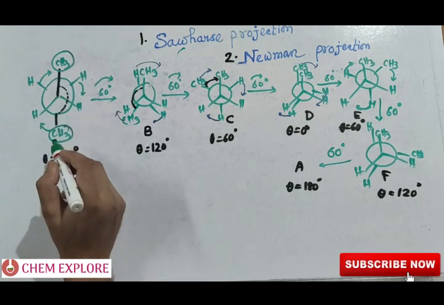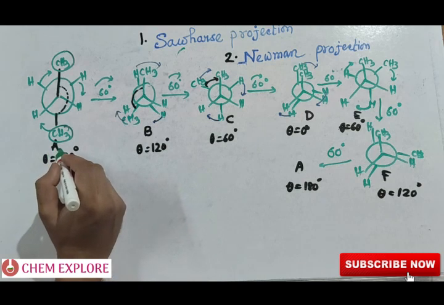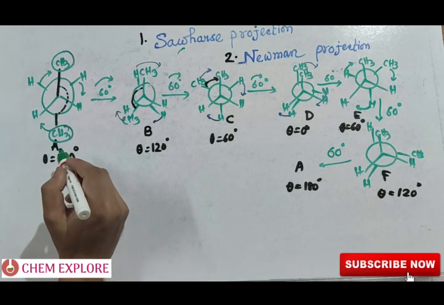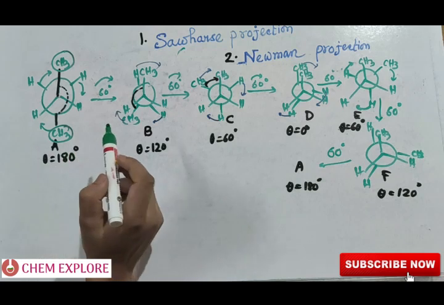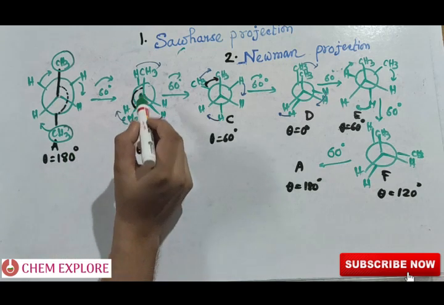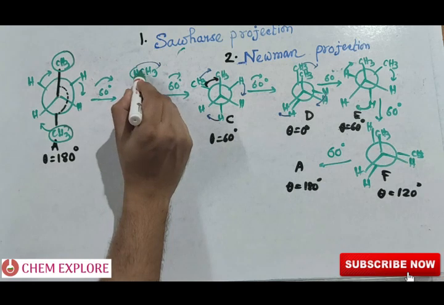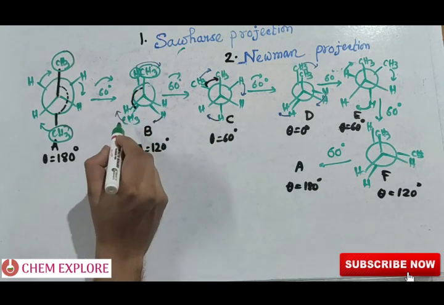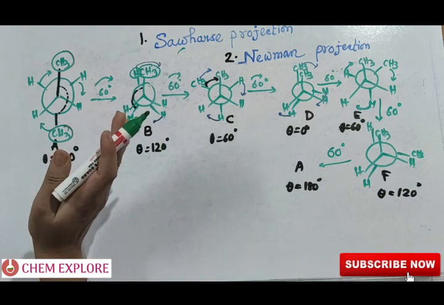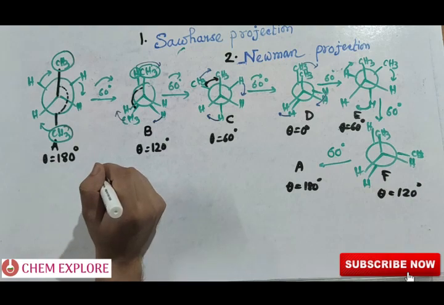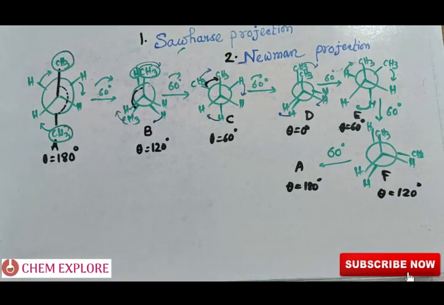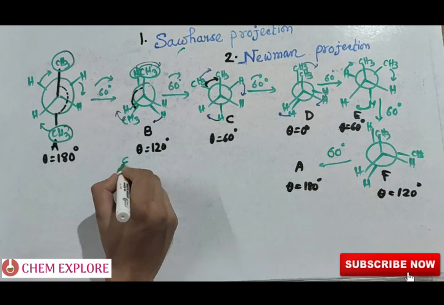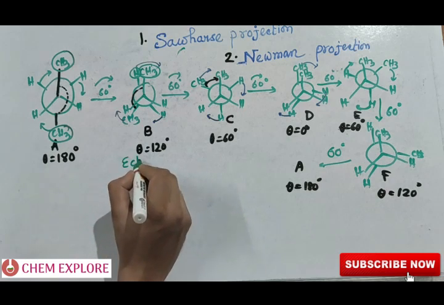Now, when you look at this, you have a methyl and hydrogen, and there is a certain interaction, right? Because they are both in the same position, we can say this is an eclipsed structure.